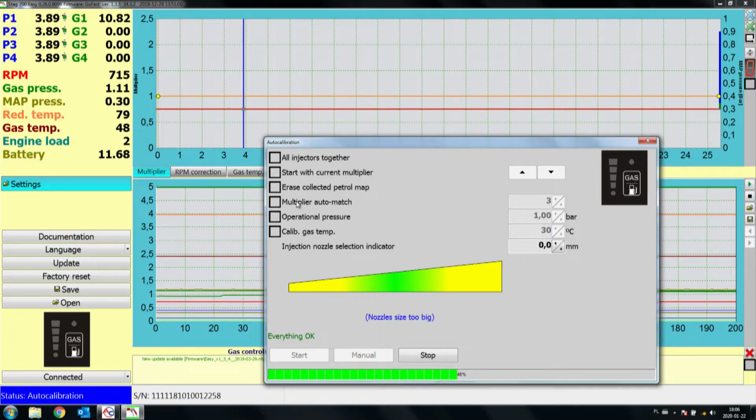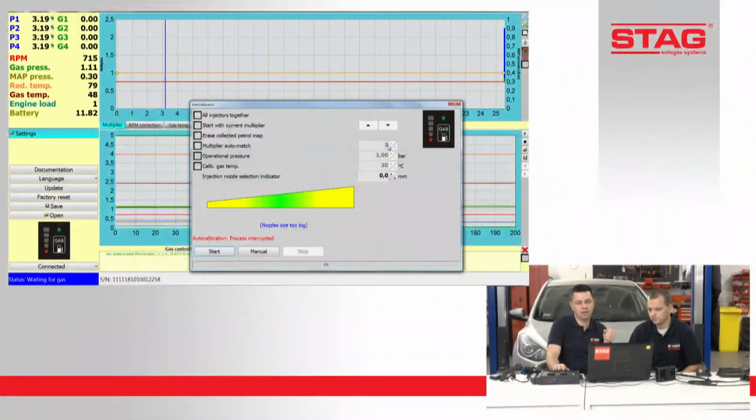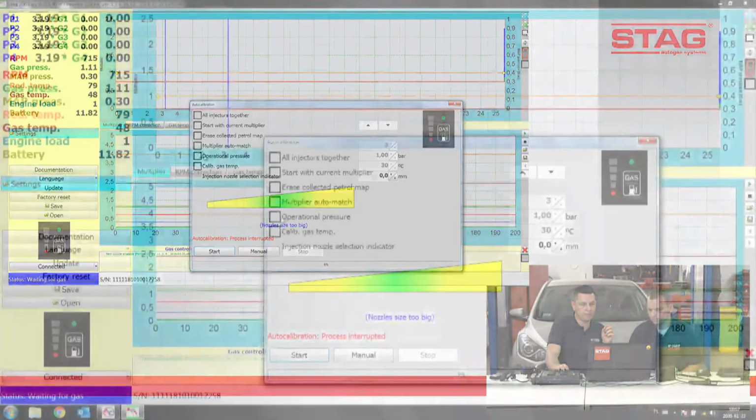Multiplier auto match: you can change the value here from 3 to 2 to 1 to 5 to 6, depending on how many steps the system will do after correcting the petrol map and the gas map.